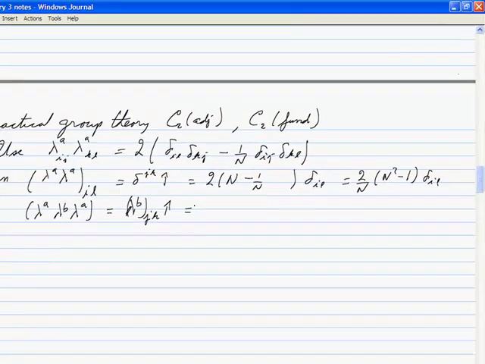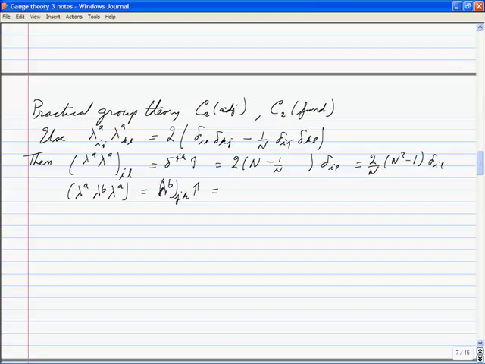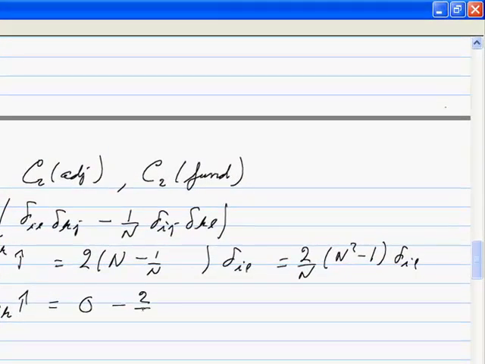Okay, and the first term here, delta KJ, delta on lambda KJ, it's a trace of the lambda matrix, which is 0. So the first term is 0. So I get 0 there, minus, I have 2 over n.